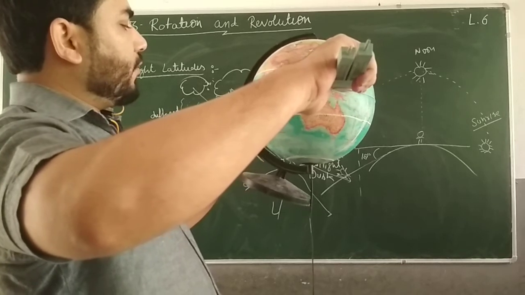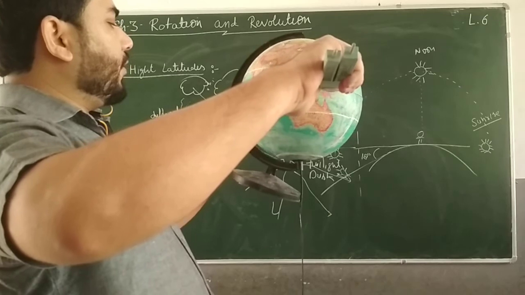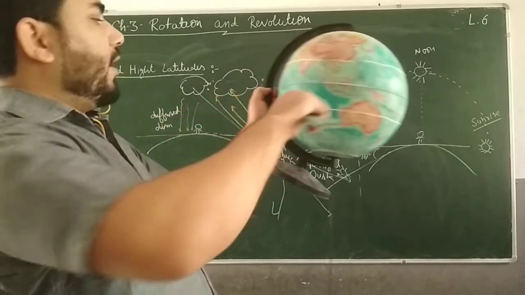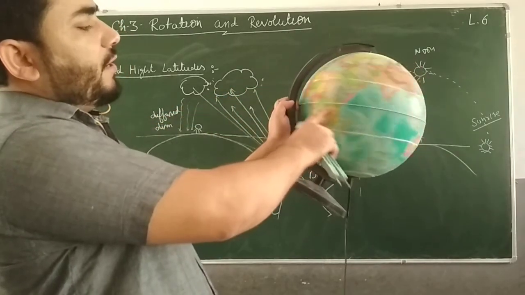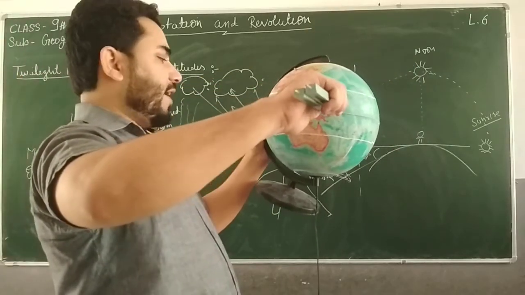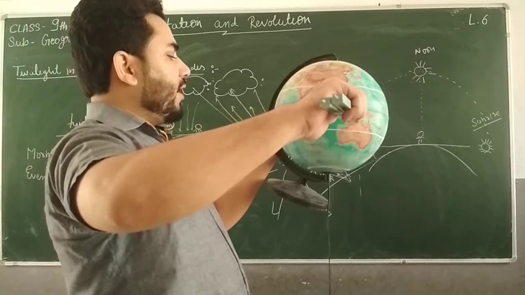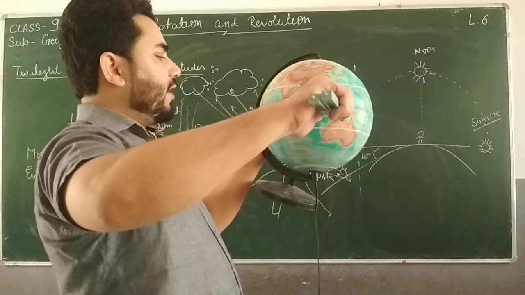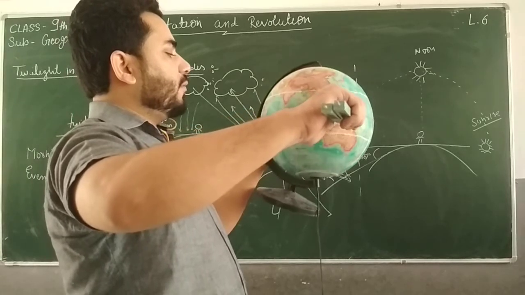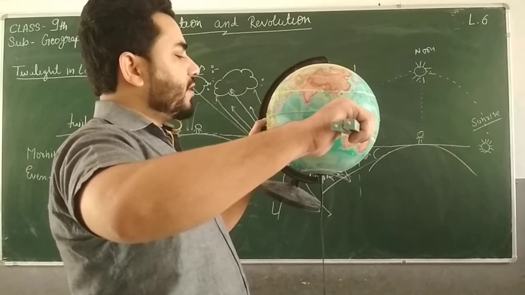So when the sun is in front of the equator, this place will be dark, there will be night. And when the earth keeps rotating and it comes like this, when the angle of the sun will be 18-degree, then it will start receiving diffuse and dim light.